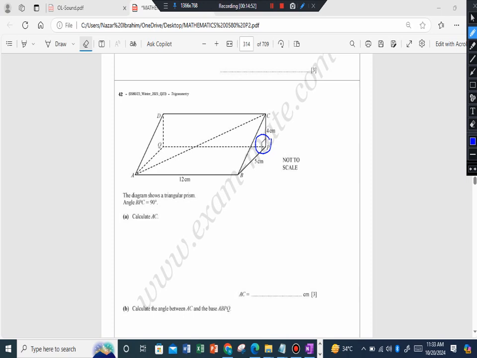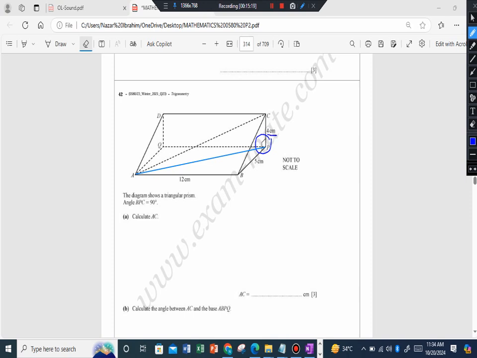Okay, so we have to draw this line first, right? In order to calculate AC, you see a triangle is formed, APC, right? In order to calculate AC, I have one dimension, one side PC. I don't have AP, right?